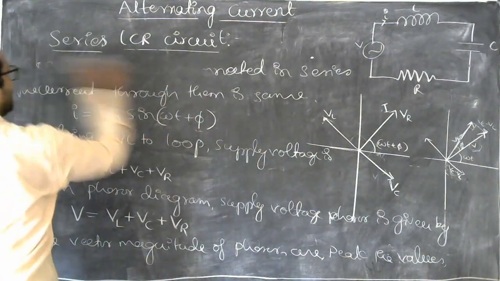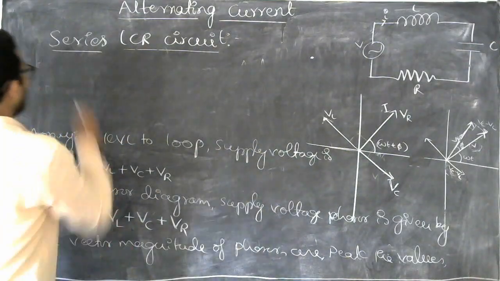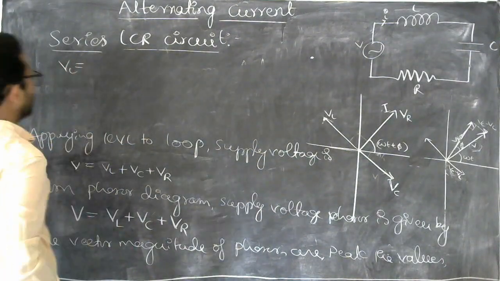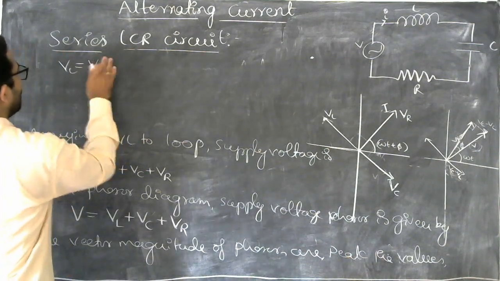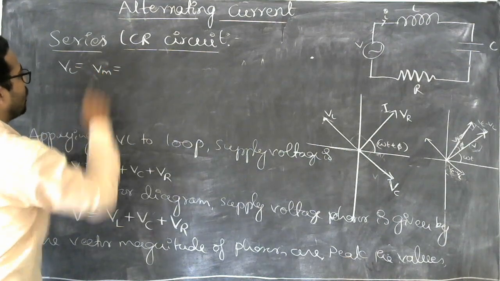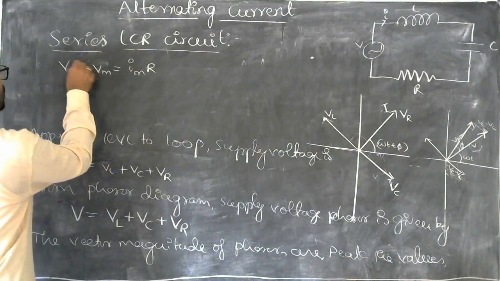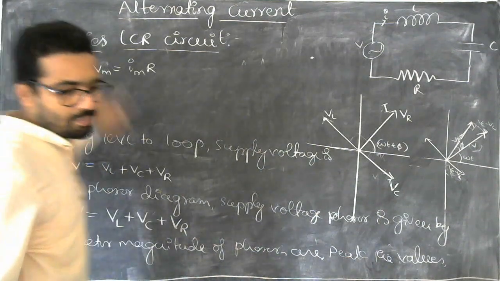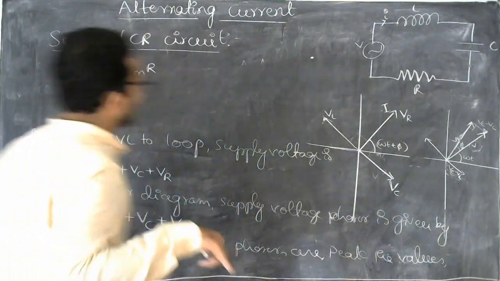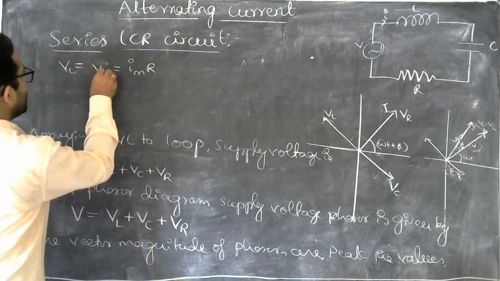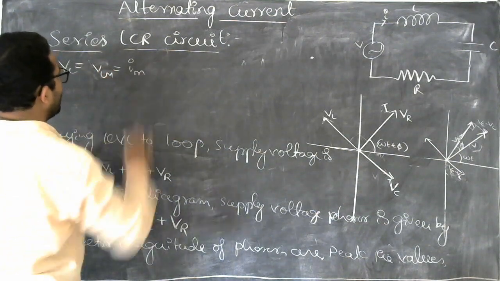That is why you can write VL is equal to VM, which is equal to IM into R. So its magnitude VL is equal to... sorry, this is a V. This one I have written VLM.